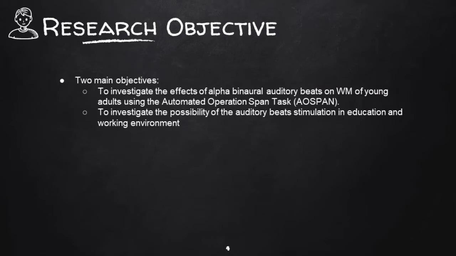The aim of this study is to investigate the effects of alpha binaural auditory beats on working memory of young adults using the automated operation span task. According to a study, participants who consisted of young adults showed better working memory performance after a neurofeedback training that specifically improves upper alpha frequency band.